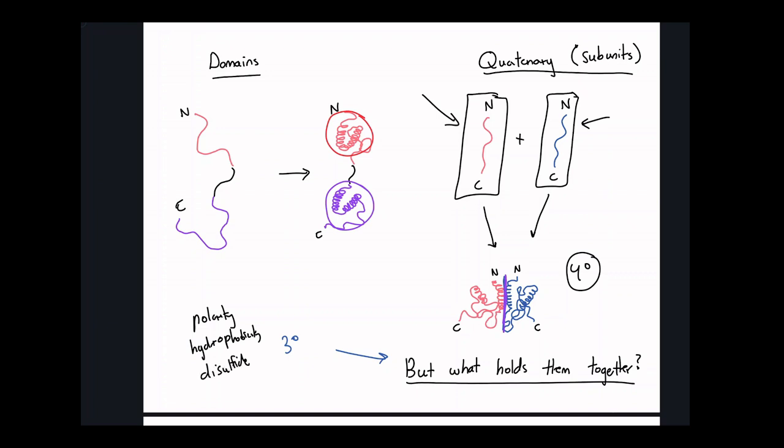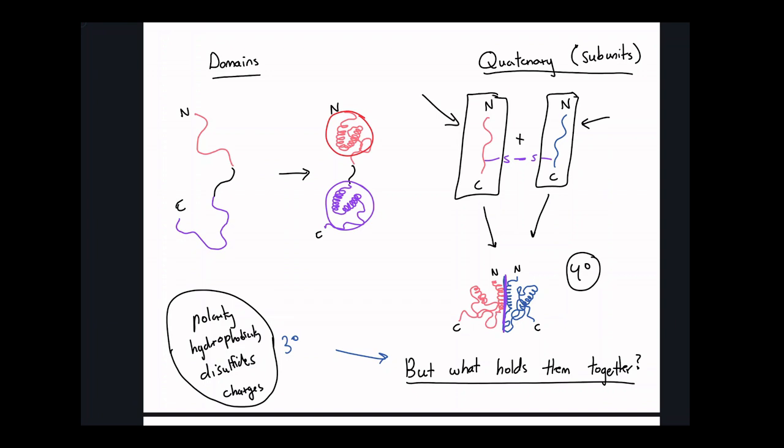So cysteines on multiple distinct chemicals. If there was, for example, a cysteine here and a cysteine here, they could form a cysteine linkage, and now they're technically the same chemical, but still came from two distinct polypeptides. Also, charges like salt interactions, lots of reasons why these could want to come together. But again, we call it quaternary structure.